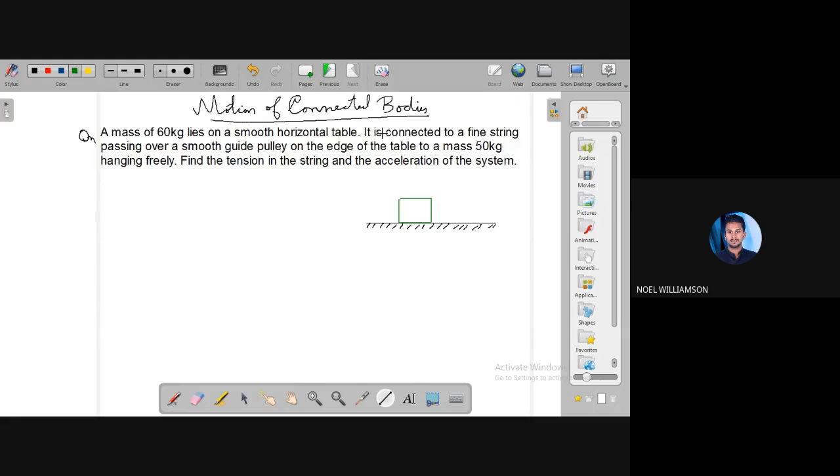It is connected to a fine string passing over a smooth guide pulley on the edge of the table. So this is the edge of a table. Here there is a pulley.